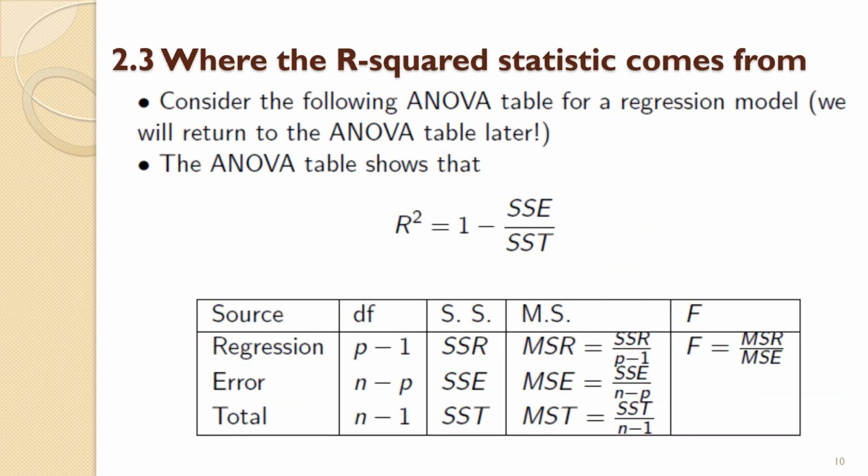So I wanted to show you where the R squared statistic comes from, and that's what I'm going to go through partly on this slide, also in the next slide. What we've got here is an analysis of variance table for a regression model. Now this is something that's important for historical reasons. It's important in terms of some of the R commands that are used.